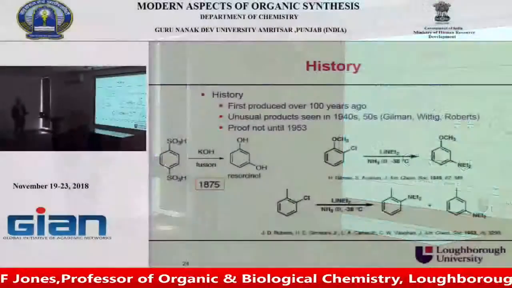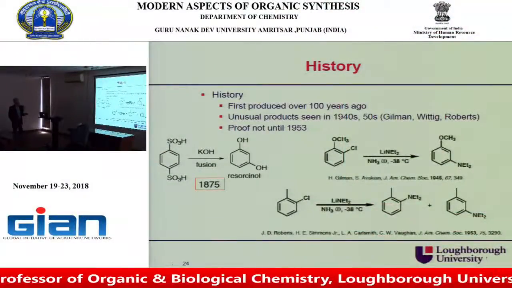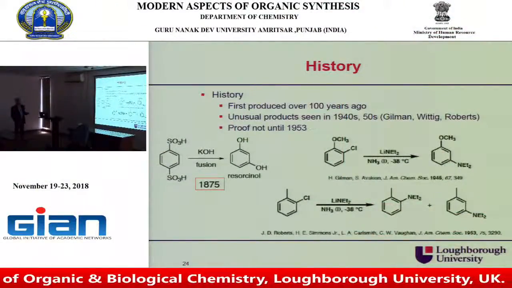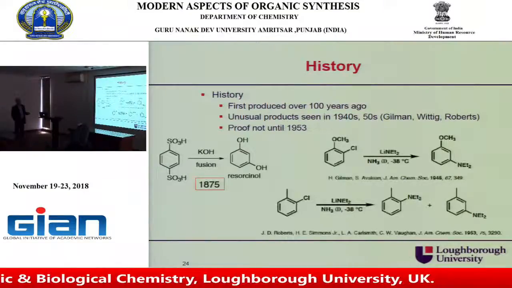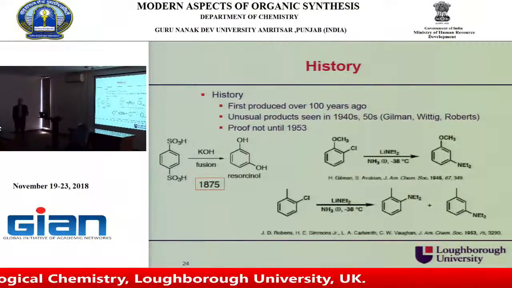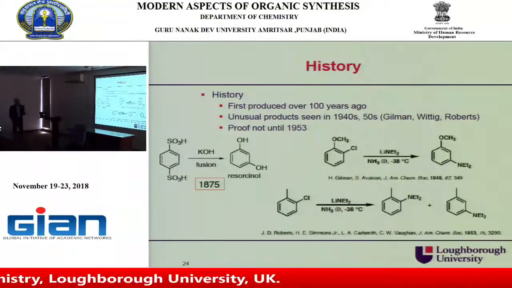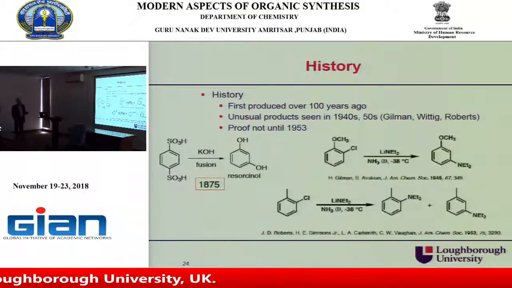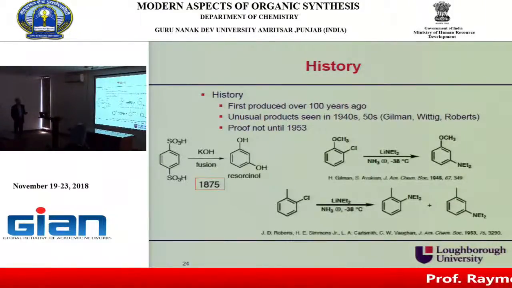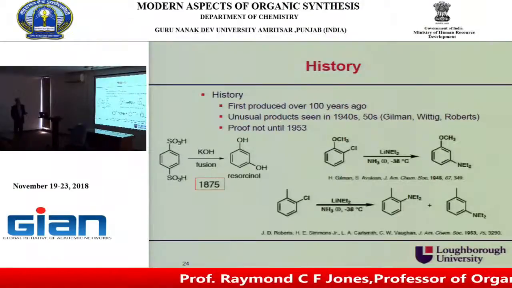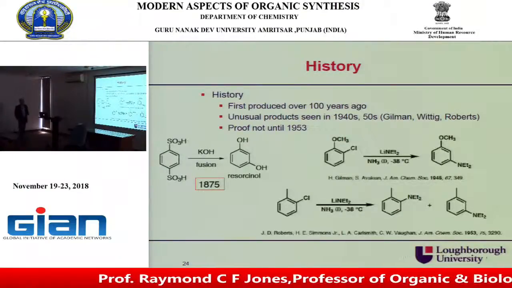And then a little bit later, in the early 1950s, J.D. Roberts, that's the Roberts of the old Roberts and Caserio textbook, did a similar reaction under similar conditions, and this time looked a little bit closer at the products and found a mixture of what looked like direct substitution and meta product.